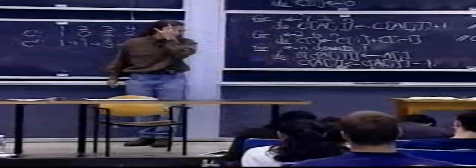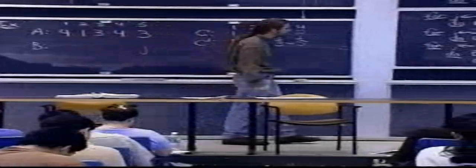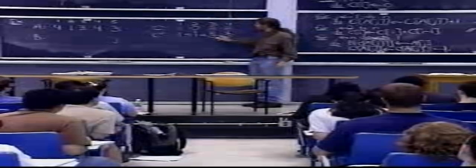So j starts at n, and it goes down to 1. The first time j is here, there's this triple bracket, which makes a lot of fun. So A[j] is 3. C[A[j]], we look in C at value 3, that's 3. B of 3 is what we're going to set.